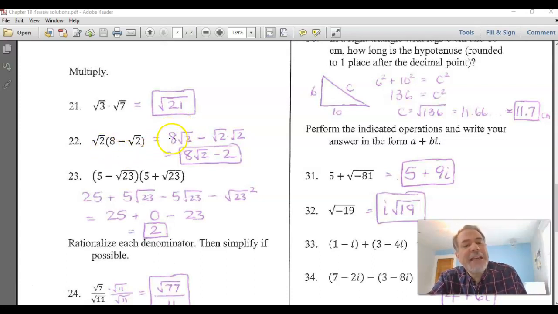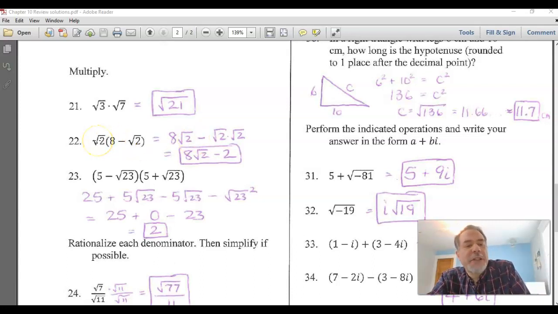But I'm going to put the 8 in front to make it obvious that that's not under the square root sign. The 8 is just sitting there being an 8. It's not part of the radical. So we have the number 8 times the number square root of 2. And we can't do any combining there because the 8 is not under a square root sign, but the 2 is.